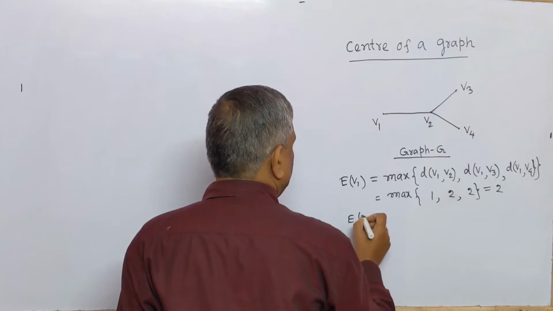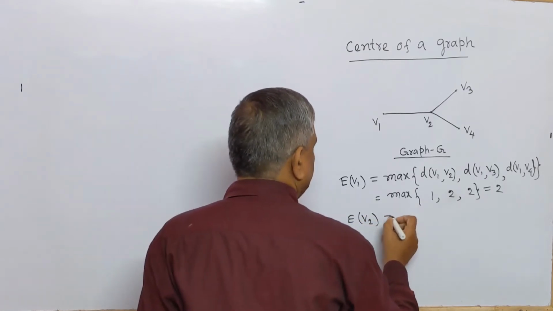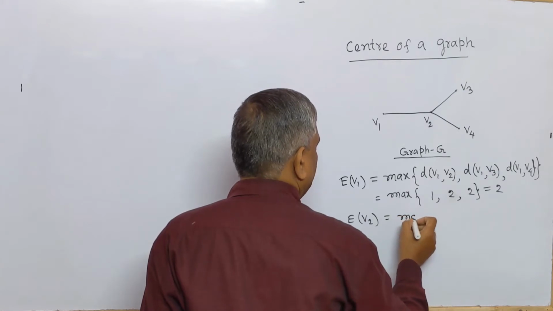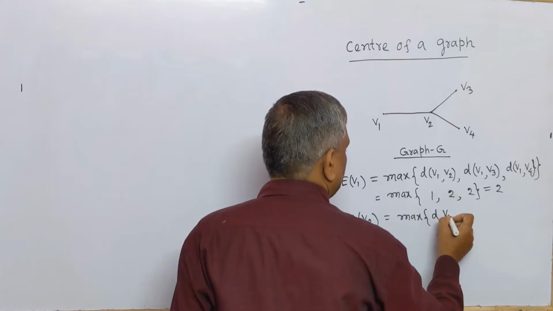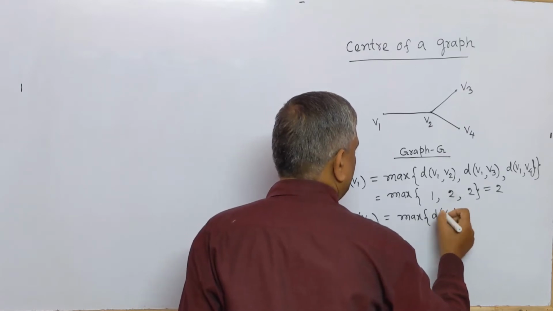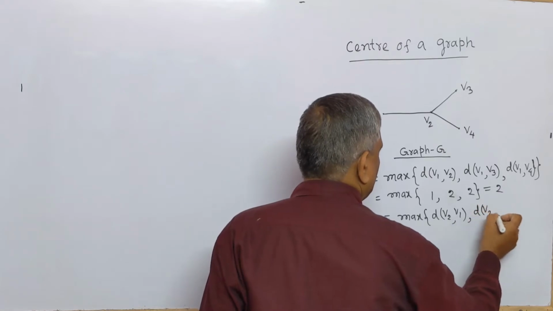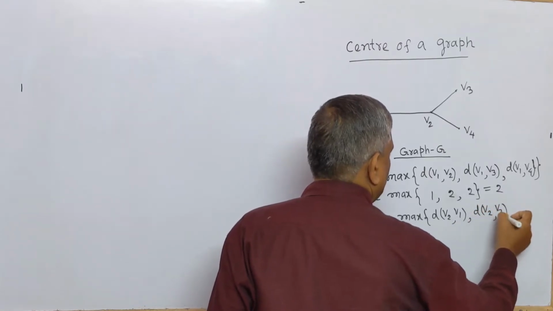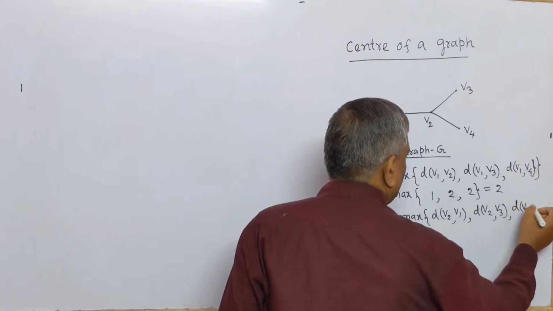E(V2), eccentricity of vertex V2. We write maximum of d(V2, V1), d(V2, V3), d(V2, V4).